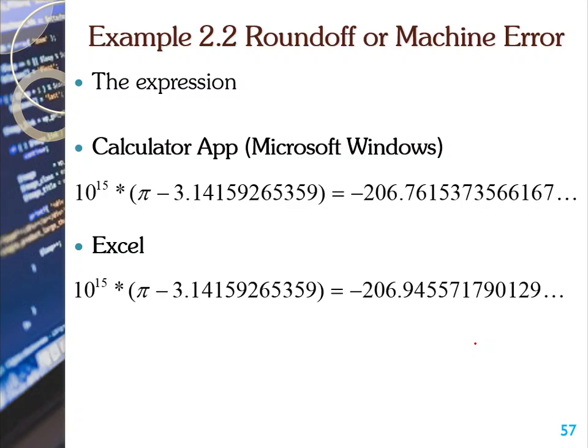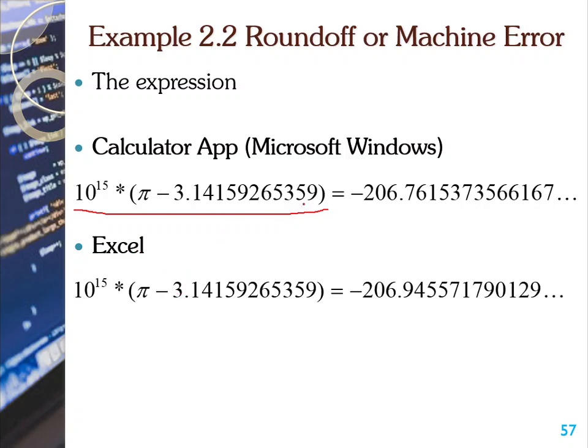So let's take an instance where we are using two different softwares, or let's say devices. I would like to estimate this expression as we have it here. And because of the level of precision of devices or softwares, I'm going to use two softwares here. That is the Microsoft Windows calculator, and I'm also going to use Excel, all to perform this same computation.